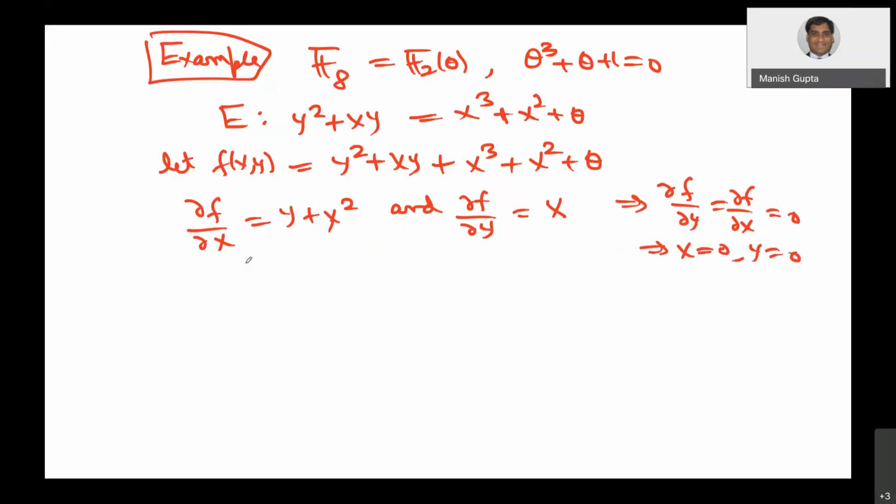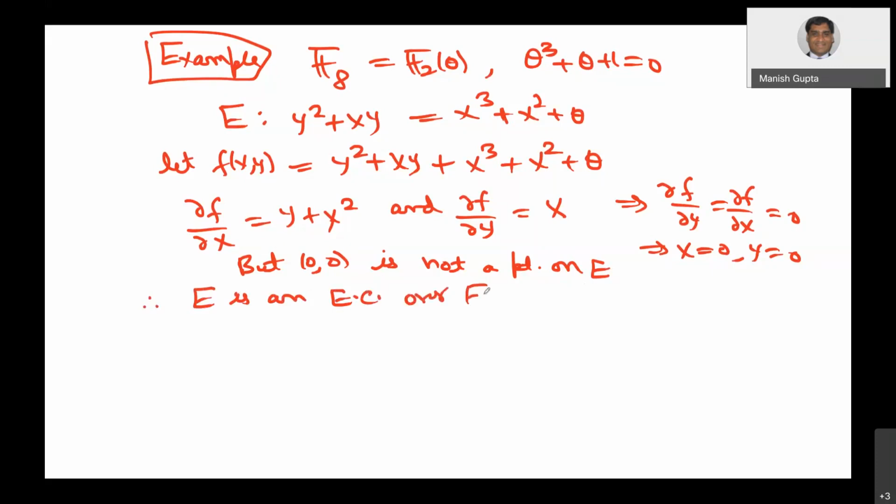So it turns out (0, 0) is a point of singularity, but (0, 0) is not a point on E. I can put x equal to 0 and y equal to 0; you can see that it does not satisfy the equation. This is not a point on E. Therefore, E is an elliptic curve over F8.